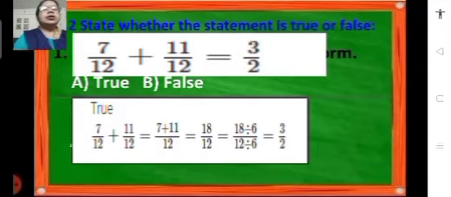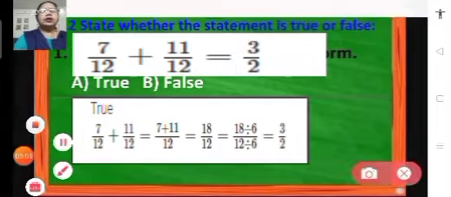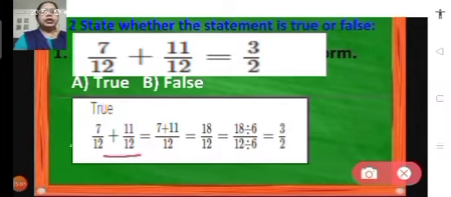Next question. Again true or false? We have two like fractions. 7 upon 12 plus 11 upon 12 is equal to 3 upon 2. So let's check this one also. We add these two like fractions. So we add the numerators and keep the common denominator. 7 plus 11 becomes 18. So what do we get? We get 18 upon 12.